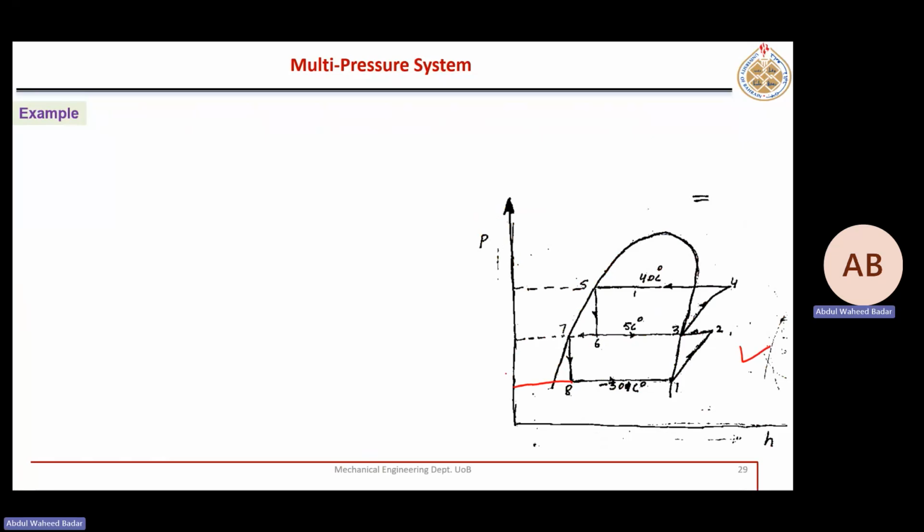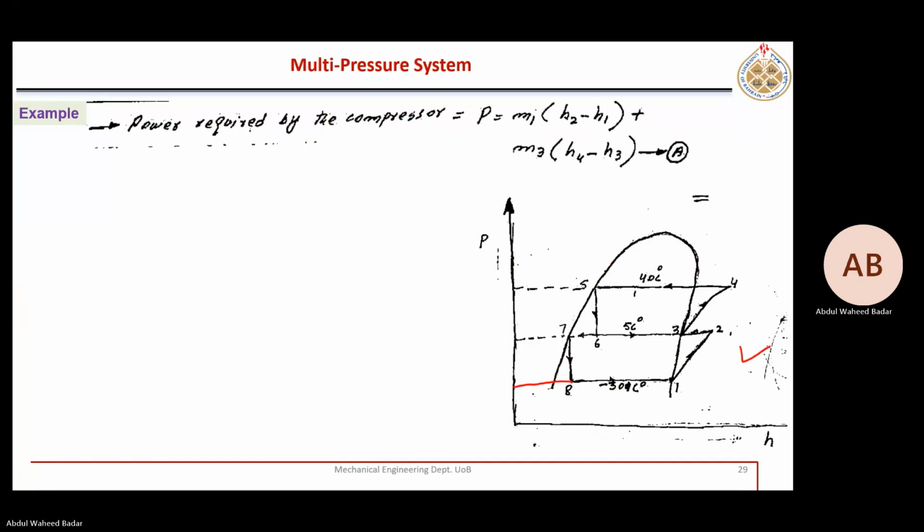Now there are three pressures. This is the total power of the compressor. So let's calculate first of all the enthalpies. Easy. h1 is equal to hg at -30, 4.2.